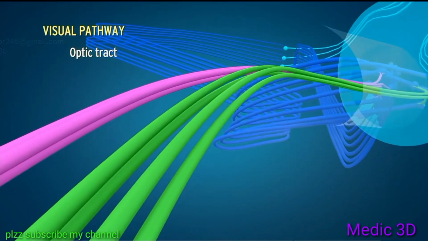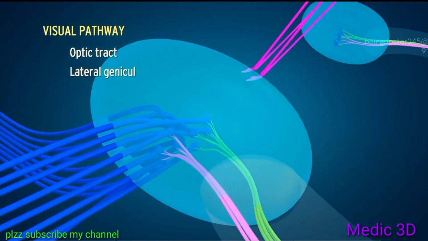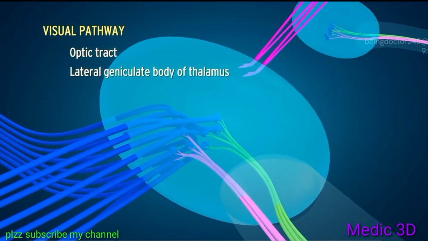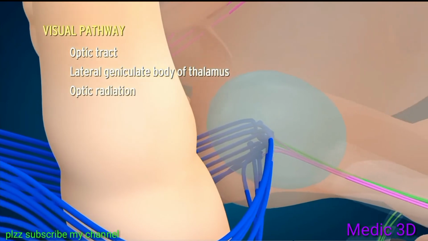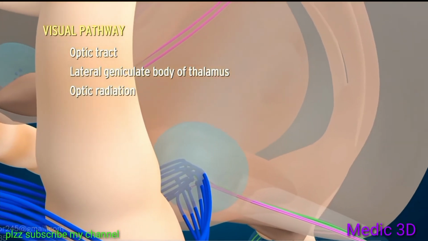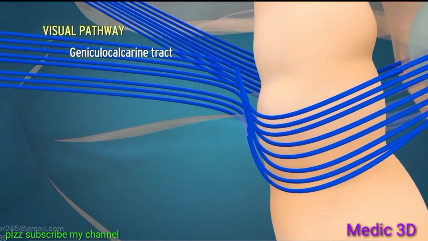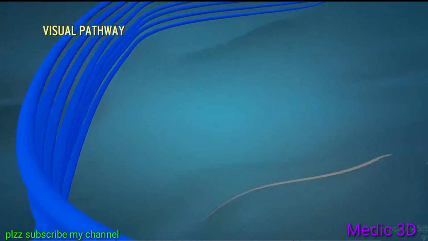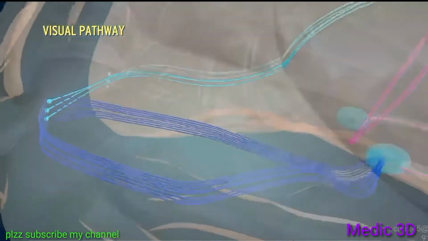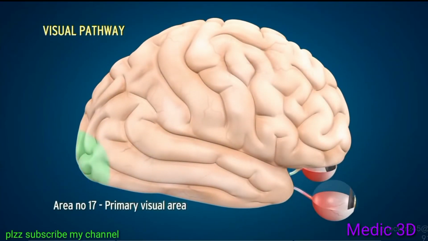Optic tract fibers run posteriorly and synapse in lateral geniculate body of thalamus. From lateral geniculate body, optic radiation fibers, also known as geniculocalcarine tract, take origin and reach occipital cortex area number 17, 18 and 19.